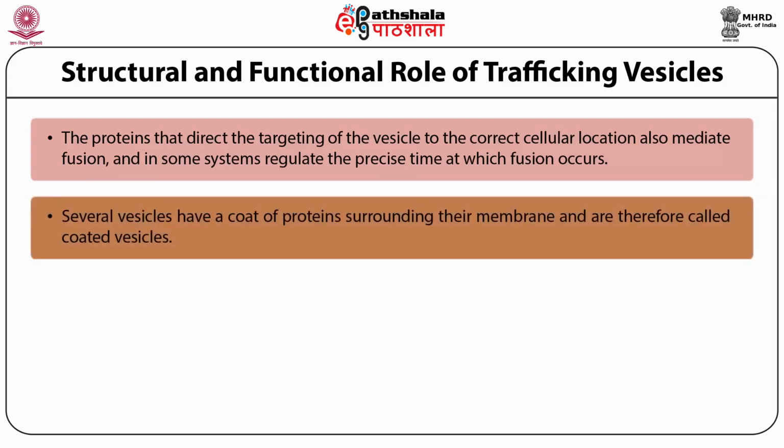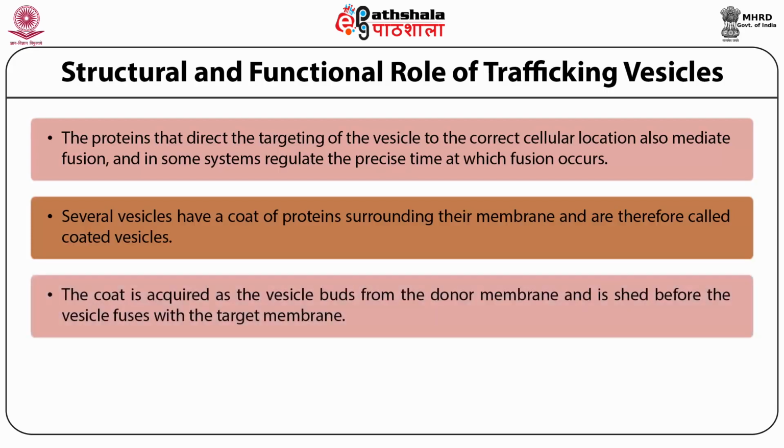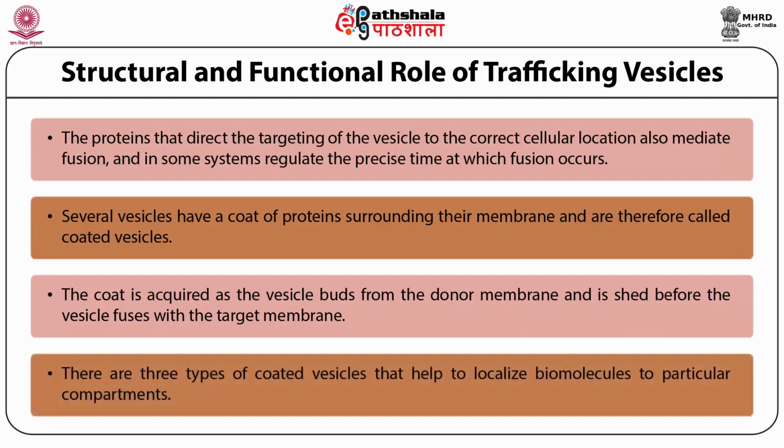Several vesicles have a coat of protein surrounding their membrane and are therefore called coated vesicles. The coat is acquired as the vesicle buds from the donor membrane and is shed before the vesicle fuses with the target membrane. There are three types of coated vesicles that help to localize biomolecules to particular compartments.